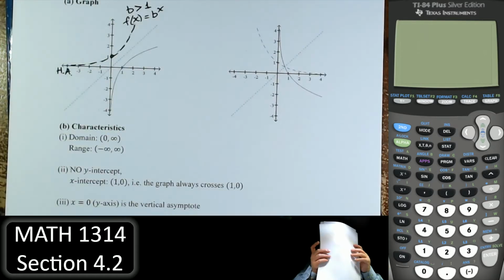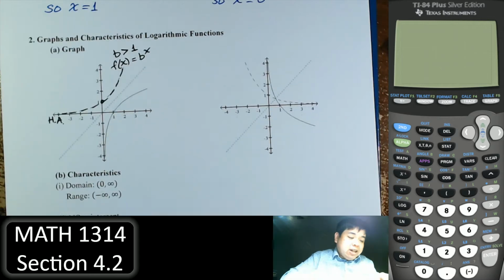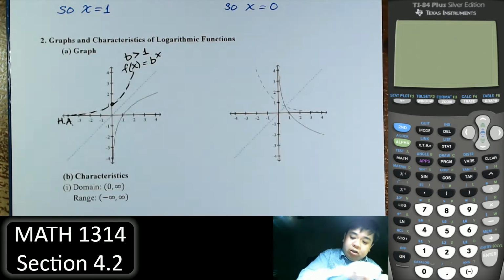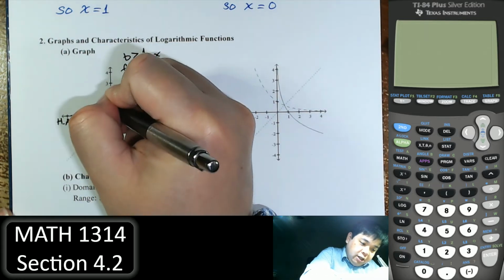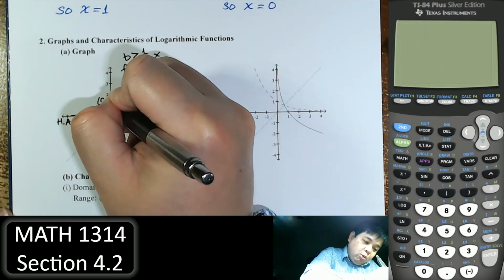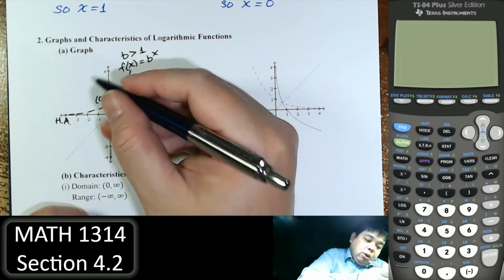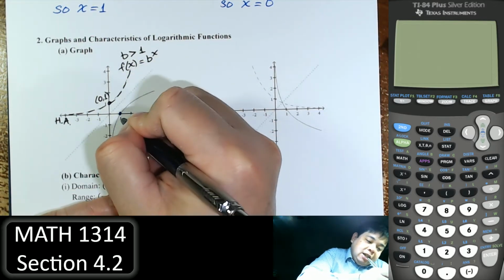So when we do the inverse, we interchange the roles of x and y. Notice that in the exponential function, we have the point x equal to 0, y equal to 1. So when it becomes the inverse, it will become 1 and 0.